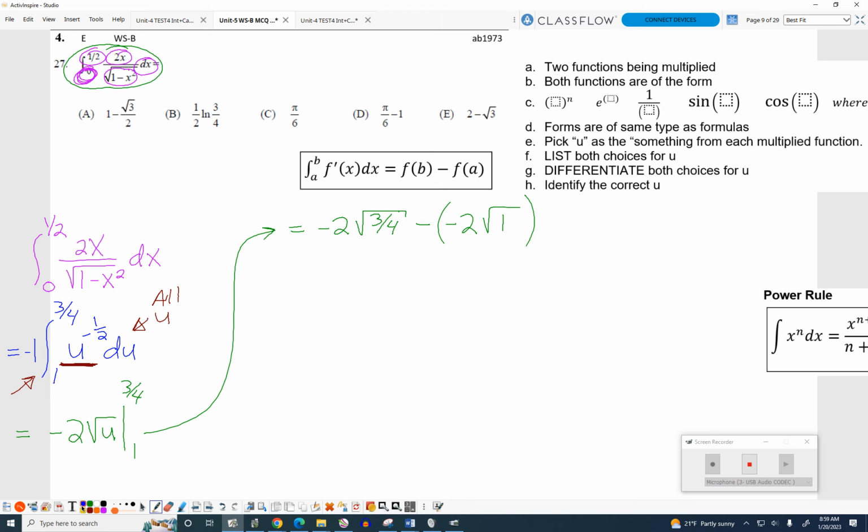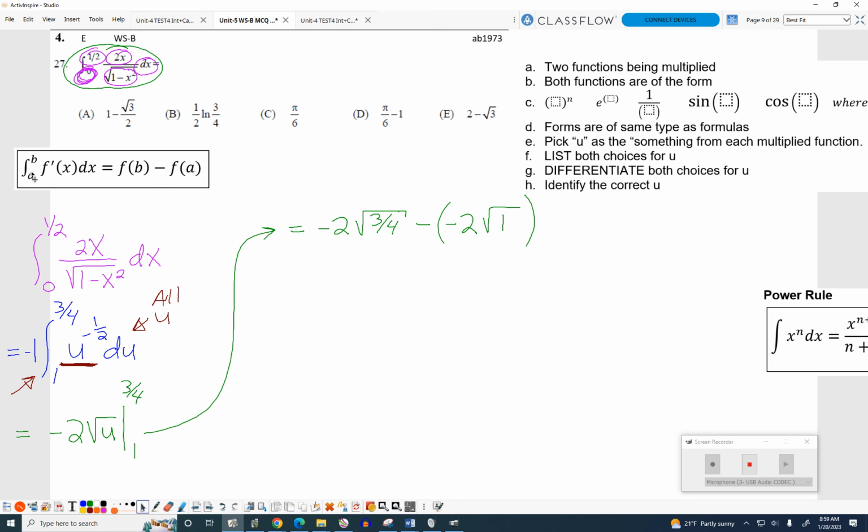What we always do, right here in the fundamental theorem, is take the upper limit, which is typically the larger number. It doesn't have to be the larger number. It's just whatever the upper limit is. When we began the problem, everything looked familiar: 0 is the lower number, 1/2 is the larger.